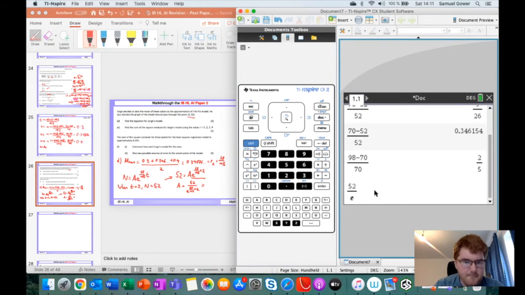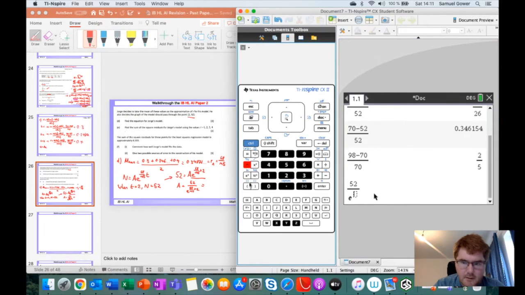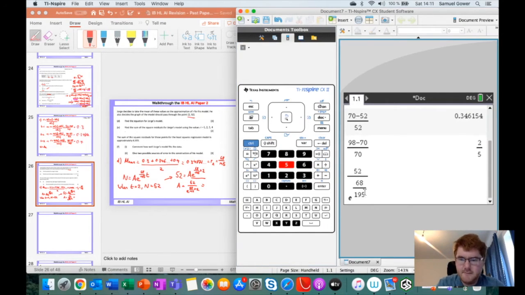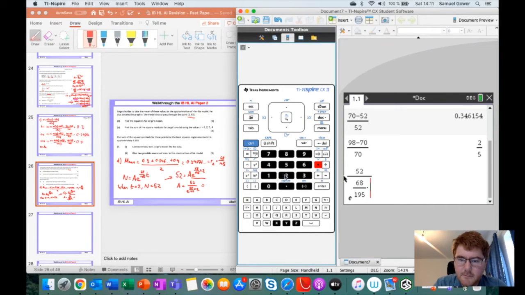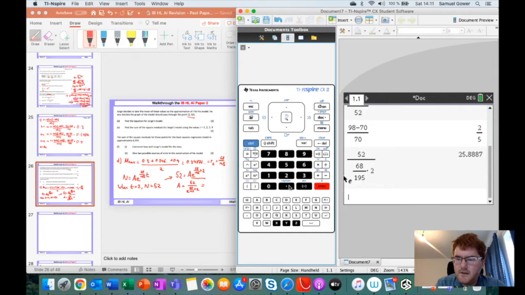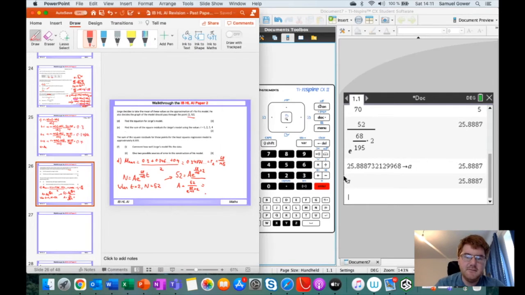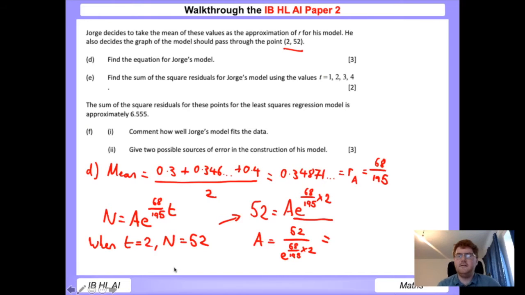So we've got e, and we're going to raise this to a power, fraction, 68 over 195 multiplied by 2, and then we get an answer of 25.8887. Now I'm going to store this for later, so I'm going to store this as my A. Okay, so every time I click A, I get 25.8887. That's going to be useful later on. So let's write that in.